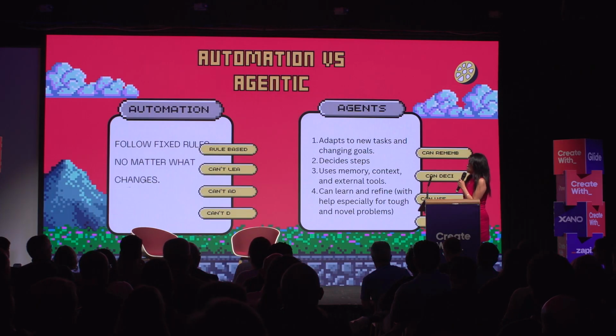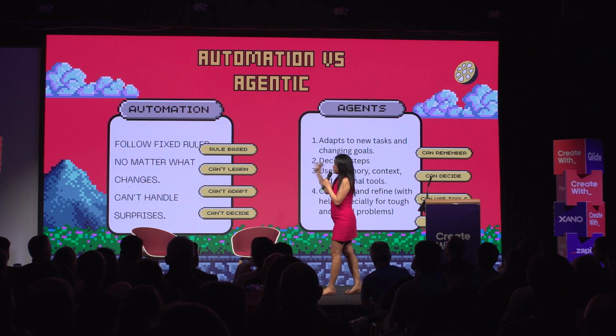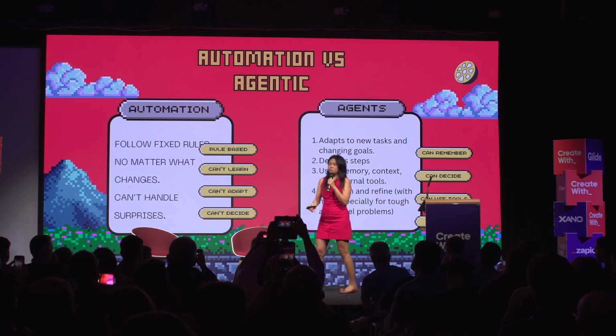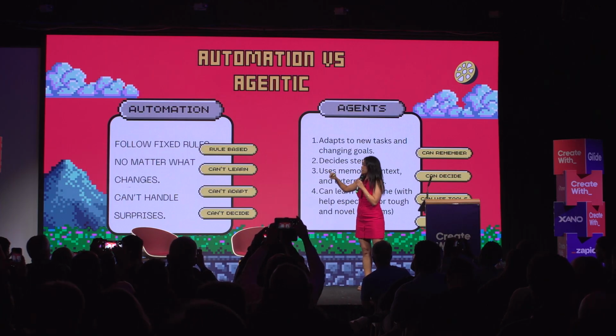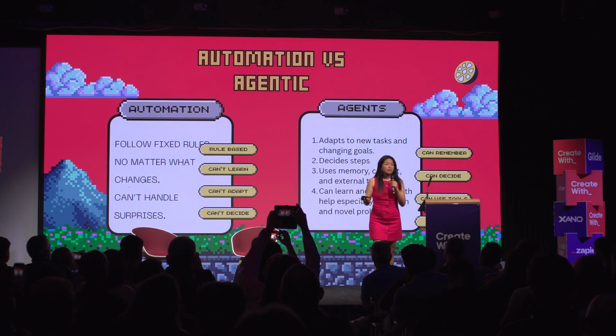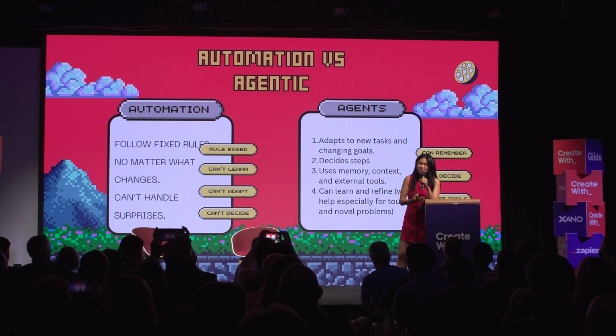So here's the difference. Automation follows fixed rules, no matter what changes, and it can't handle surprises. So it's rule-based, can't learn, can't adapt, can't decide. So pre-LLMs, the chatbots that ran the websites, do you remember those? They were very rigid. They can't adapt to a question.